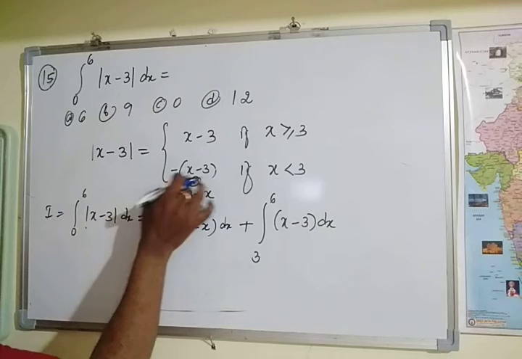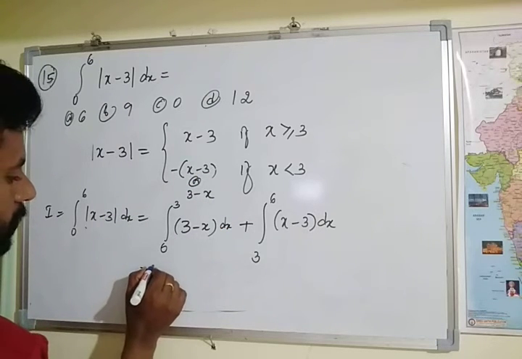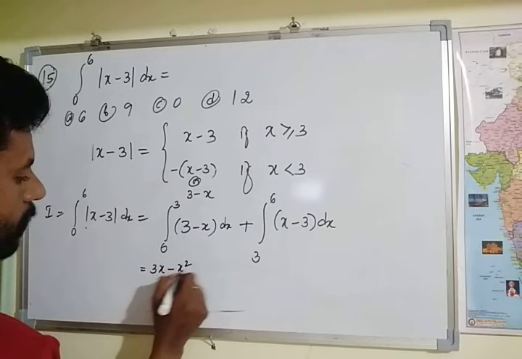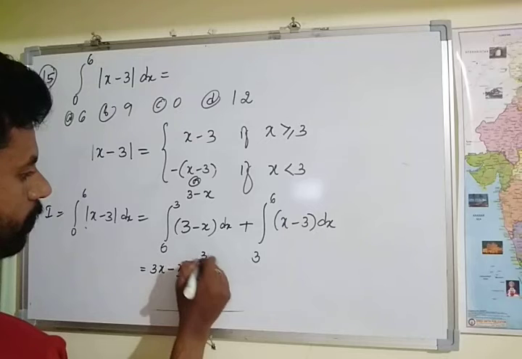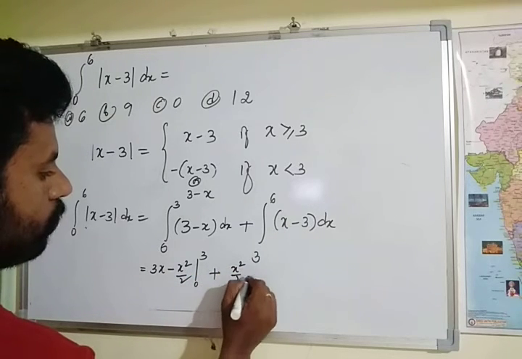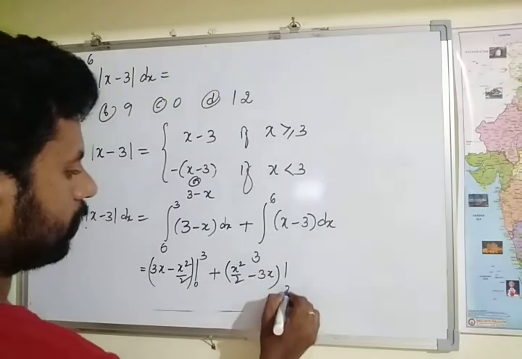Integrating, the integral of 3 is 3x, the integral of 1 is x, minus the integral of x which is x square by 2, for 0 to 3, plus x square by 2 minus 3x for 3 to 6.